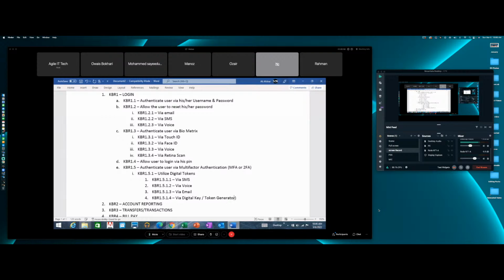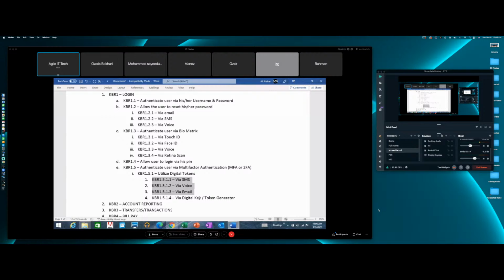So the difference between the first three versus the fourth one is that in the first three, the bank is sending you the token, and you are submitting it back to the bank for authentication. Understood? Yes. The fourth one, you generate the token and submit it for authentication.